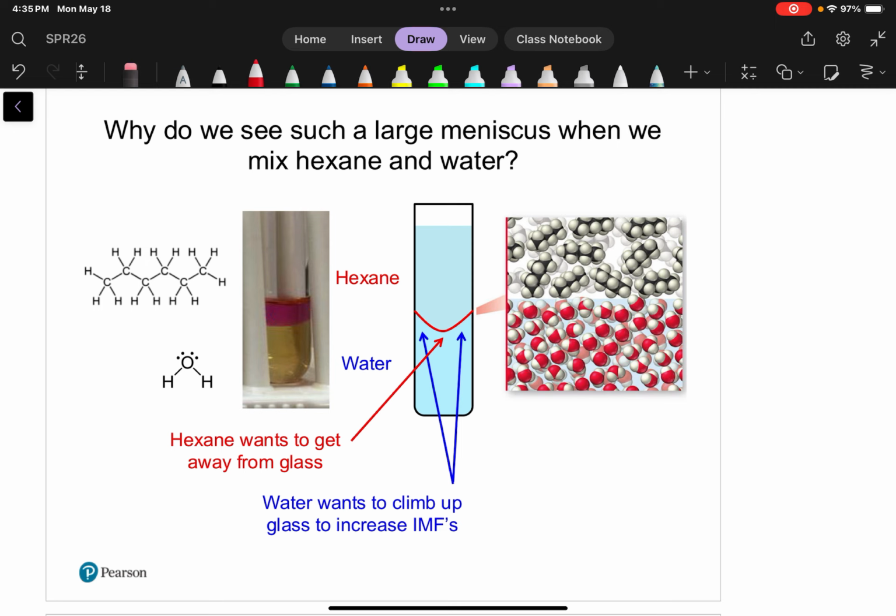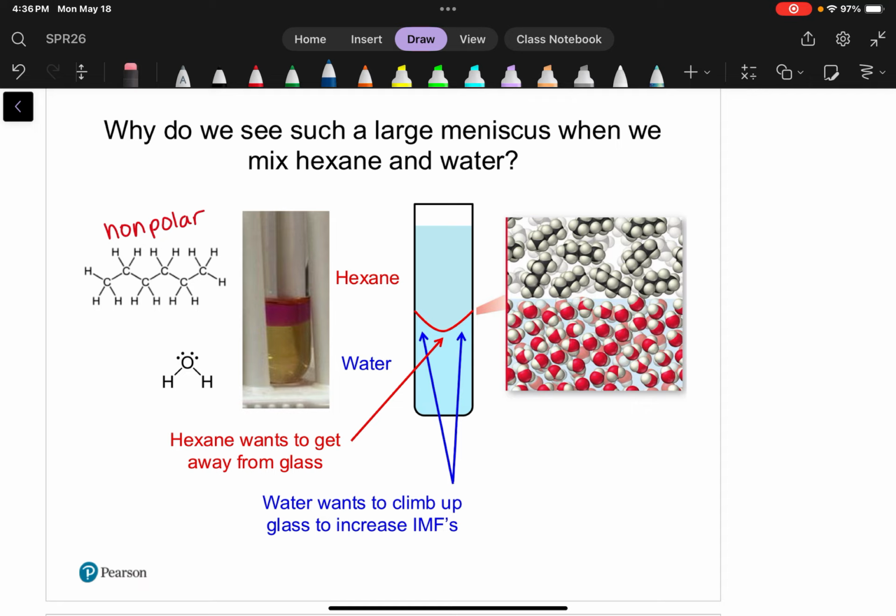But the reason this is happening is hexane. What do we know about hexane? If we look at the structure, what type of intermolecular forces do we have there? Yeah, we really only have London dispersion forces. It's a non-polar molecule overall, right? We just have those carbon-hydrogen bonds.